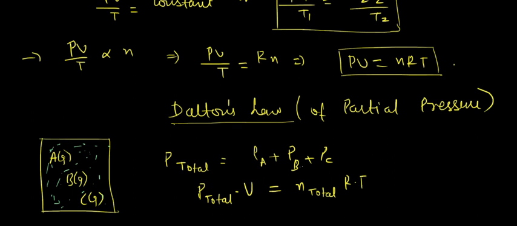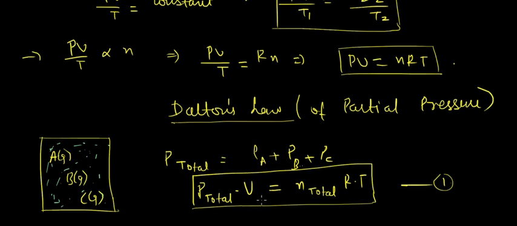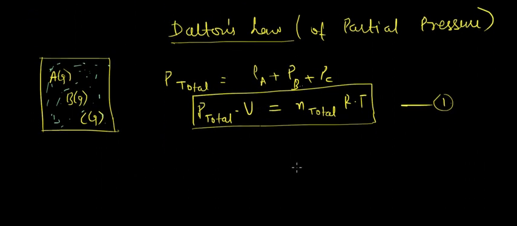Okay, so this is equation number 1. Now total pressure of a gaseous mixture is not the same as the partial pressure of a gas, it's the sum of all the partial pressures of all gases present in the mixture.